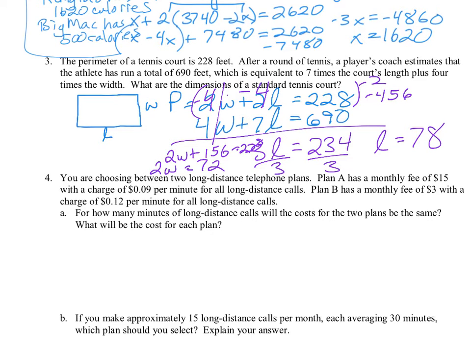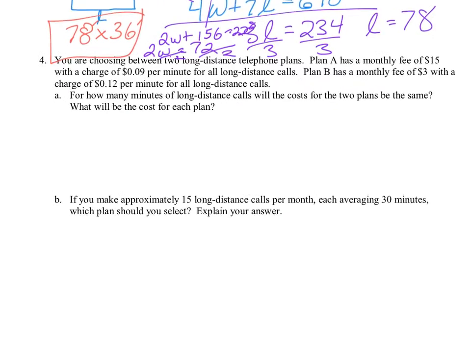Oh, no, 72. Got to divide it by 2. It's not done. I'm sorry. This is divided by 2. That's divided by 2. So I end up with 78 by 36 feet. That's the size of a standard tennis court.